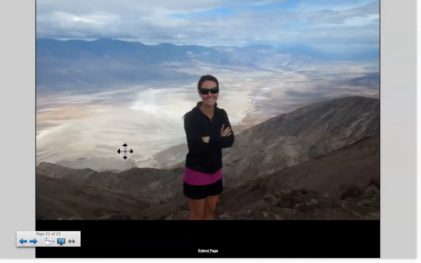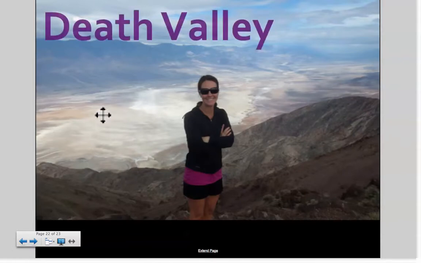Give us a thumb down if you say, well, there's lots of Death Valleys. You should be giving a thumbs up. Death Valley is the only place called Death Valley. Notice Death and Valley get a capital letter because both of them are part of that landform or that specific place.